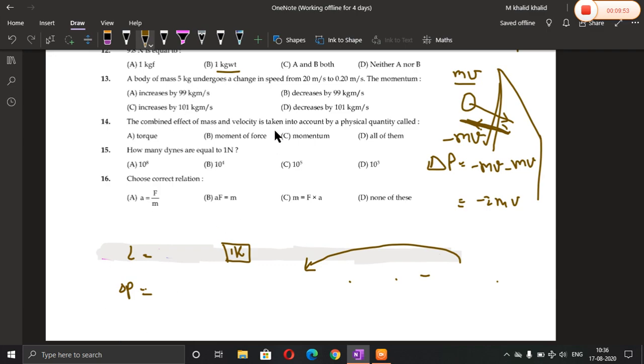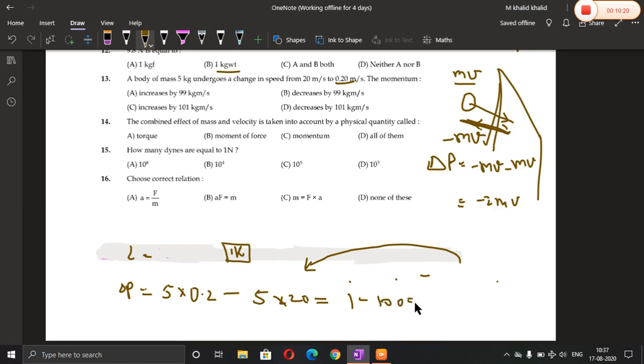The mass is the same, 5 kg, and the final velocity is 0.2. Then we subtract the initial, which was 5 kg of mass with 20 meter per second. So 5 into 0.2 is 1, minus 100.